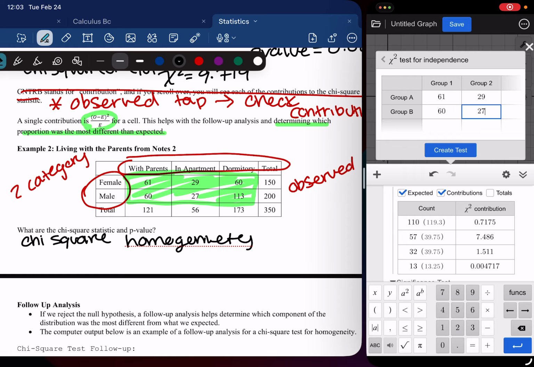29, 27. And then also make sure that if we have more than one category, you are putting them into different columns. So we have the column with parents, the column with apartment, and the column with dorms. I only say that because on the homework from last period, I was seeing some mistakes where they were trying to put them all in one column.